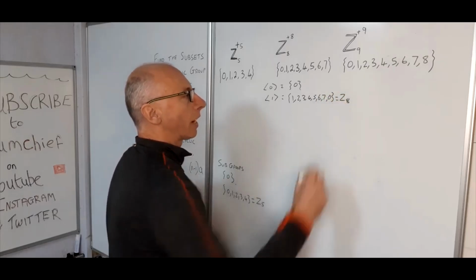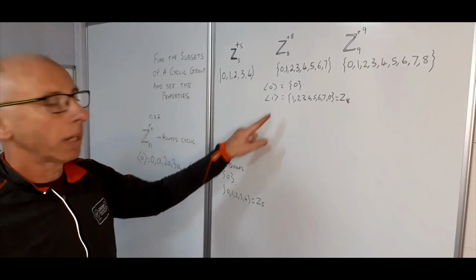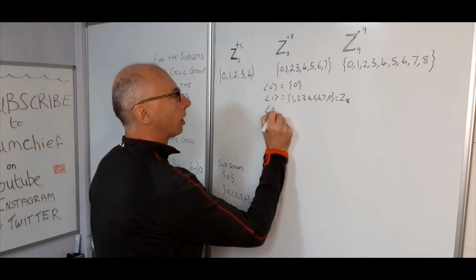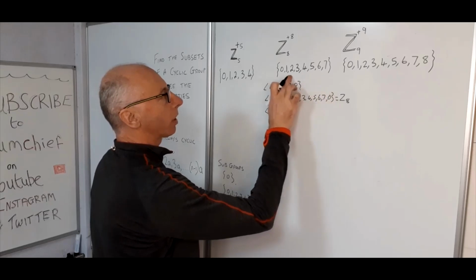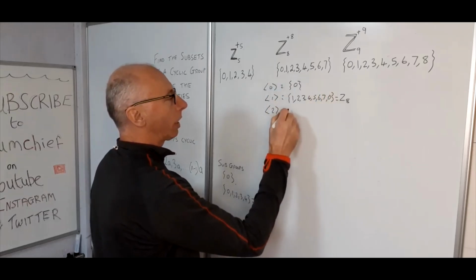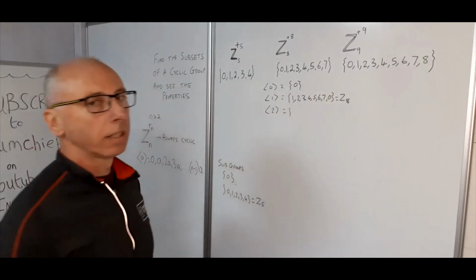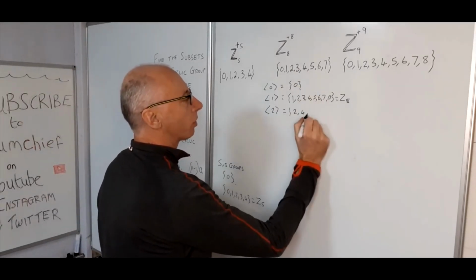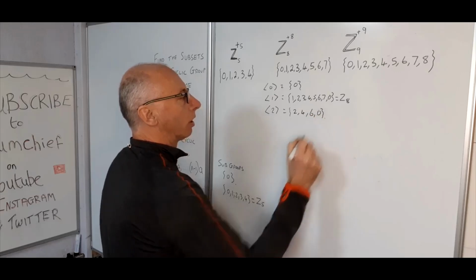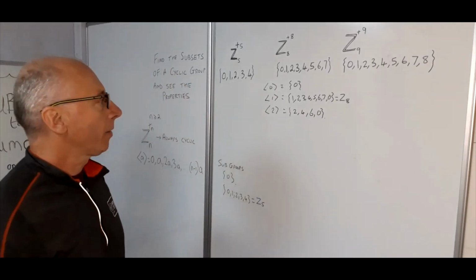So that equals Z8. Okay, what about 2? So keep adding 2, and we're doing addition modulus 8. So we'll end up with all the even numbers that are in the original group. So that's our subgroup there.